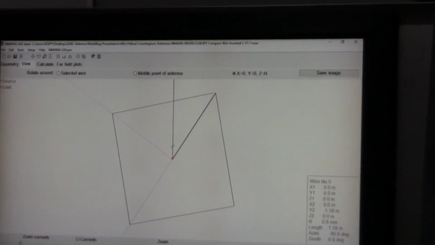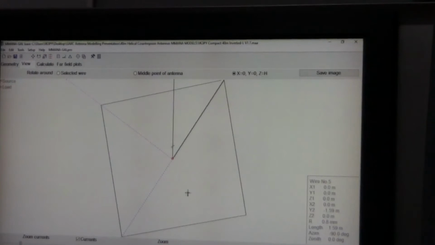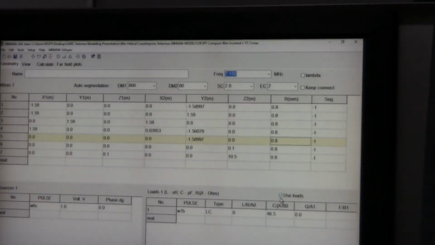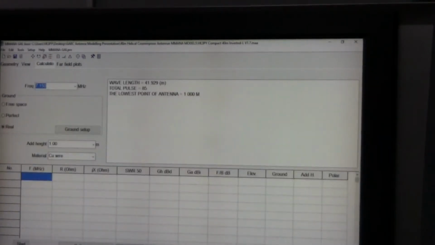And you can see that there's a gap there. It goes nowhere. So it's just been spiraled, it's just been coiled around. Let's try it.